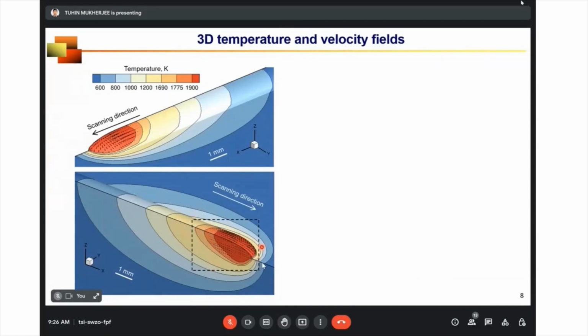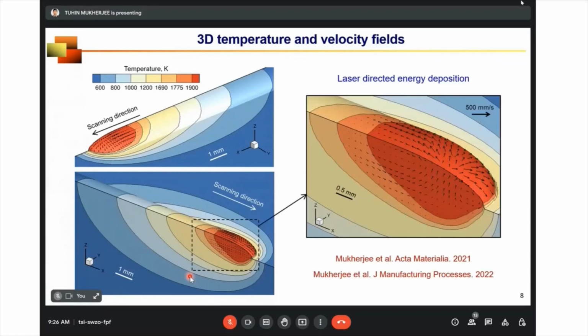If I zoom into the molten region, you can see that temperature is highest where we have the laser beam, and it gradually decreases as we go away from the center of the laser beam. Temperature is lowest, which is the solidus temperature for the alloy, at the boundary of the molten pool.